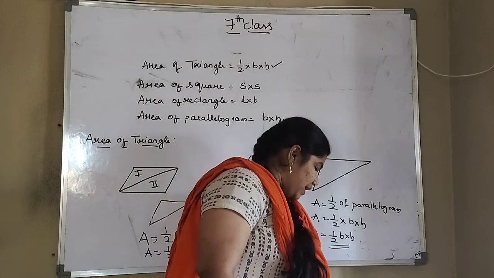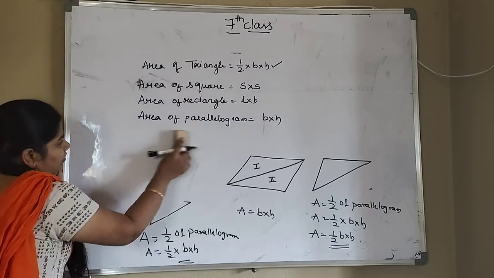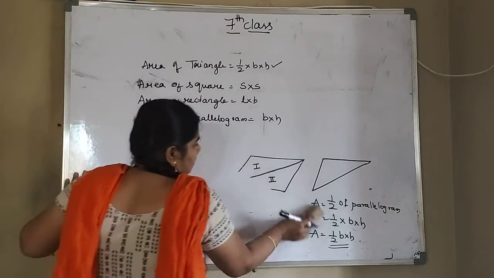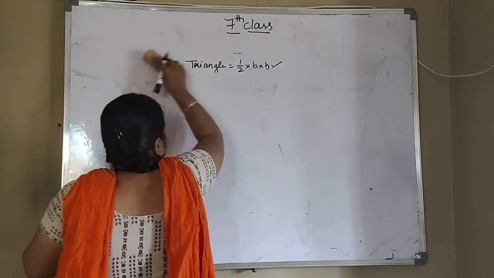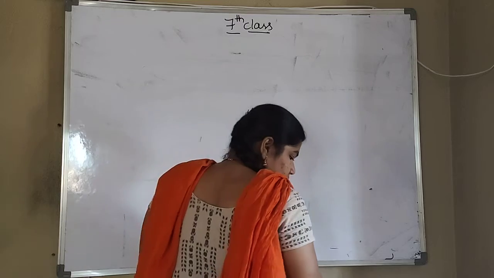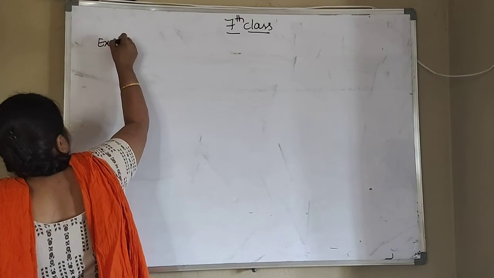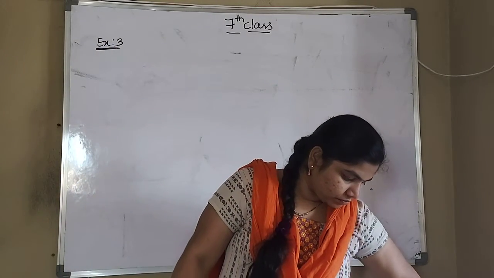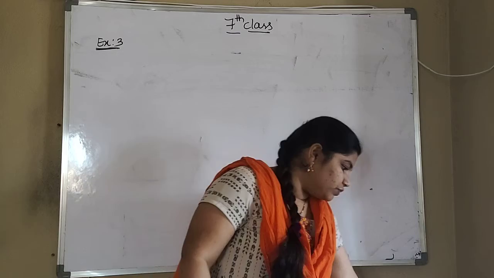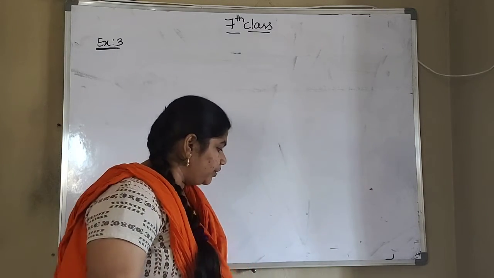The next exercise is Exercise 3. The first one in Exercise 3. What we have to find: find the area of each of the following triangles.